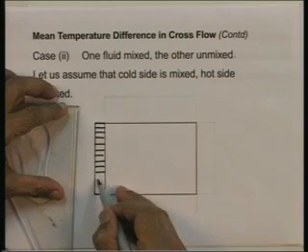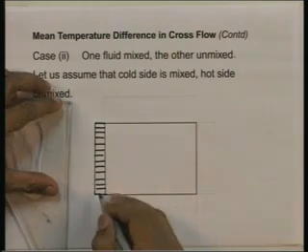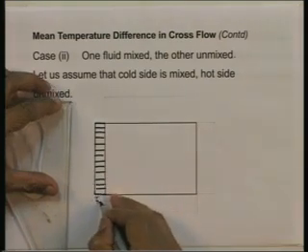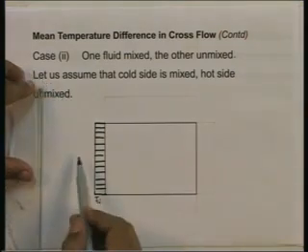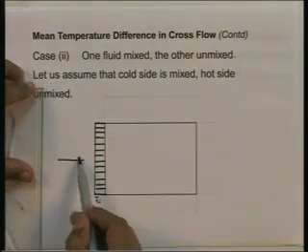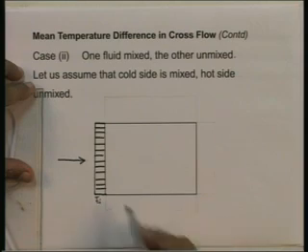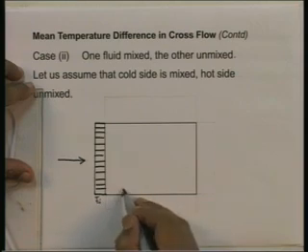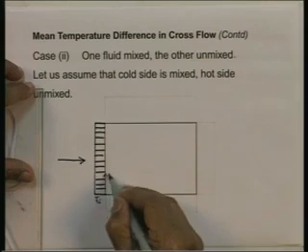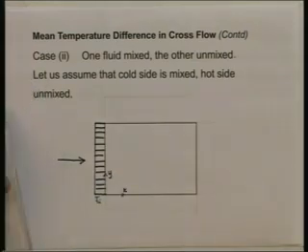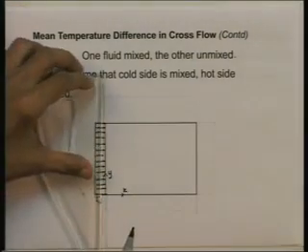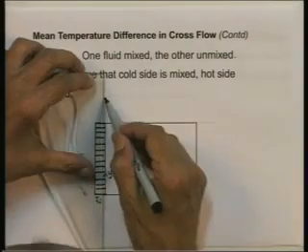Uniform while entering, which is TCI, and this is where the cold fluid is entering. This is my direction x, this is my direction y. Let us say the hot side fluid, let me draw again a sketch there, the hot side fluid.